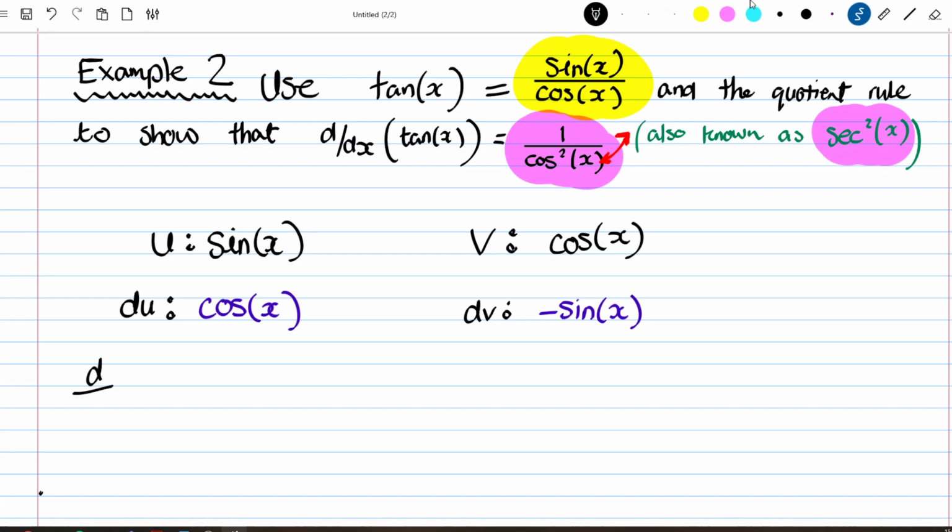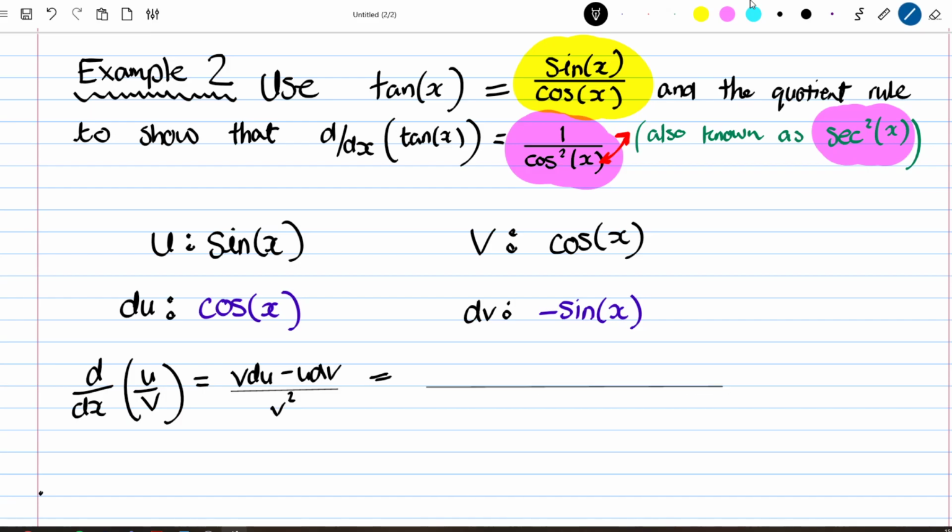Now again, putting this into the quotient rule, in this instance, I'm going to get v, which is cos x, multiplied by du, which is cos x again.